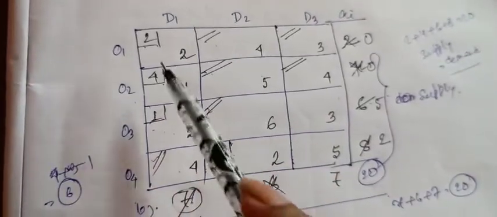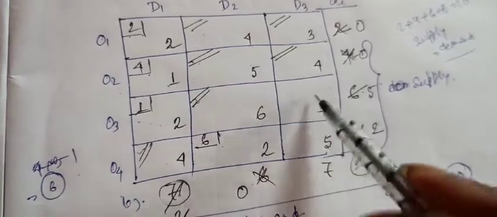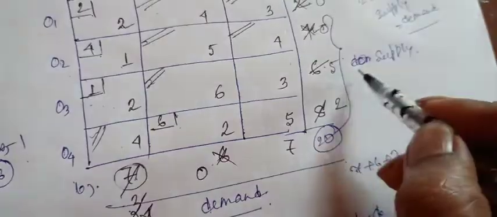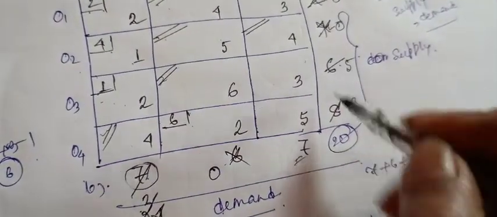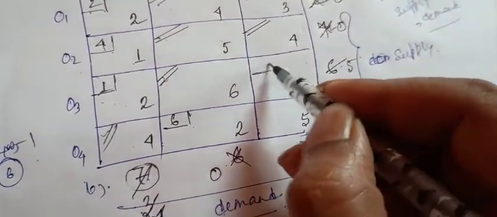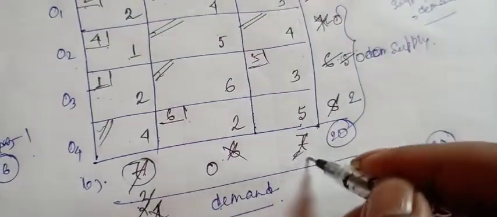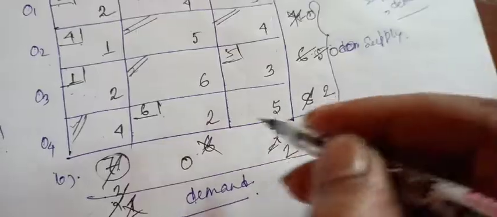All these are now exhausted and occupied, and only these 2 are left. Between 3 and 5, which is minimum? 3. The demand is 7 and the supply is 5, so give 5. This is now 0. 2 is left here, with supply 2, so give 2.